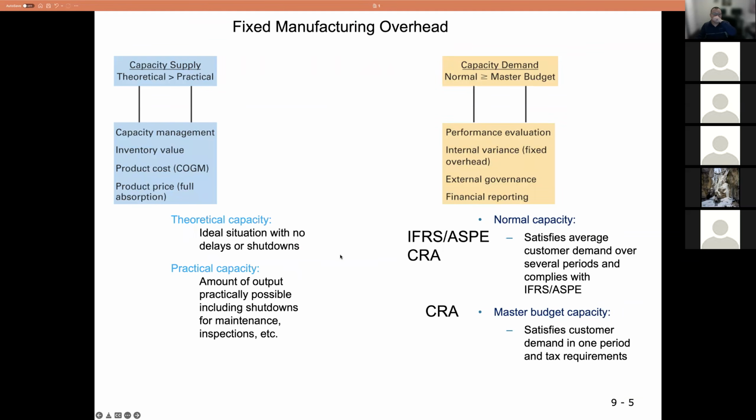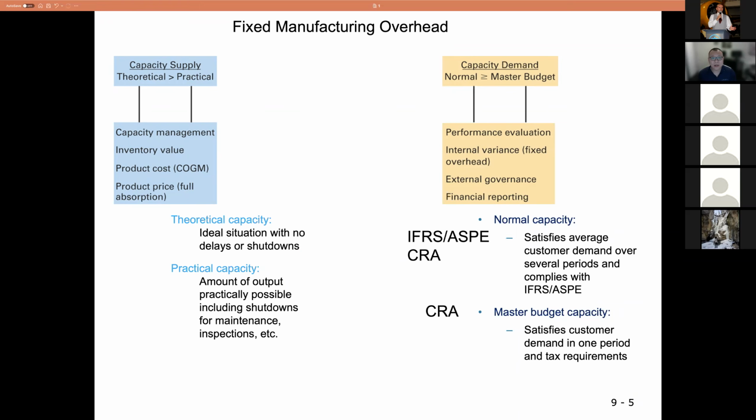So this is what we are talking about. For the corporation, we know that they have manufacturing overhead, right? Some of the overhead is fixed. Can someone give me an example of a fixed manufacturing overhead cost?